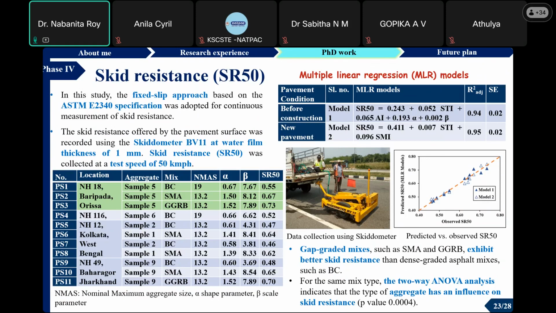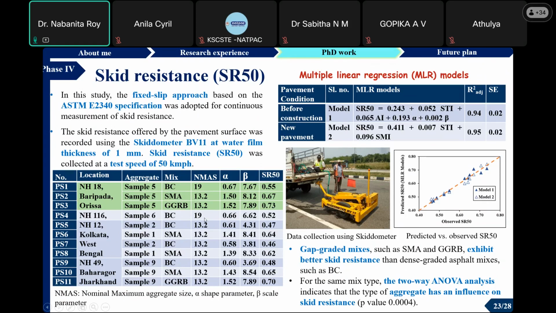Now we can see that in the table I have presented all the data from different locations like Odisha, Kolkata, Baharagoda, Jharkhand. Here we can see that there are different surface courses: BC, SMA, and gap graded rubberized bituminous mixes.